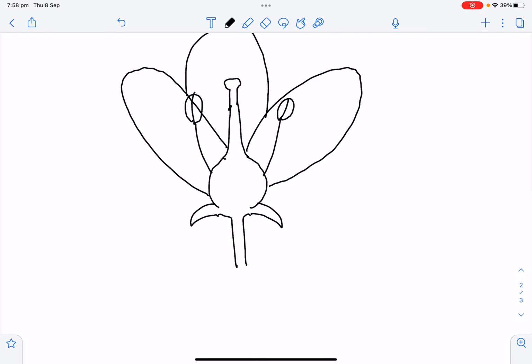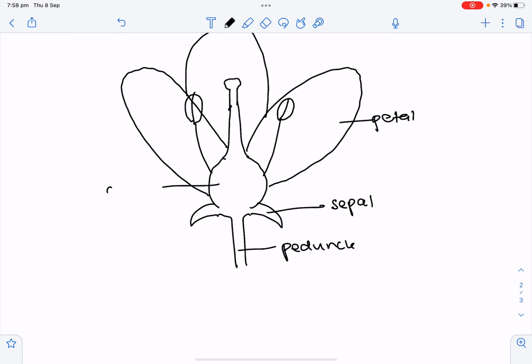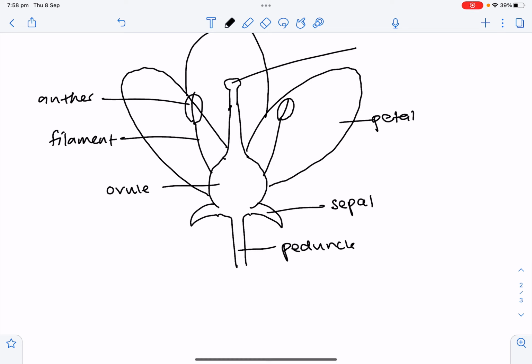So as I just mentioned, this is the sepal, peduncle, the petals. Oh, I already labeled the petal. Filament, anthers, stigma, and the style.